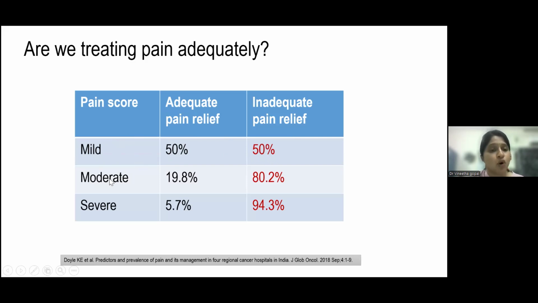If you look at moderate pain, we are giving adequate treatment only to 20% of patients. 80% remain in significant pain. And if you look at severe pain, we are treating only 5% adequately. Almost 95% of the population still remain in significant pain. So we are underestimating and undertreating pain.